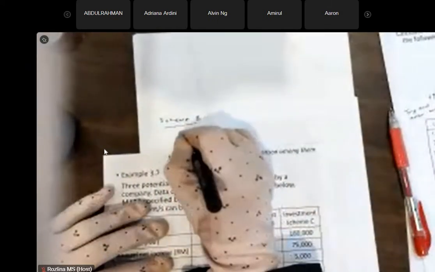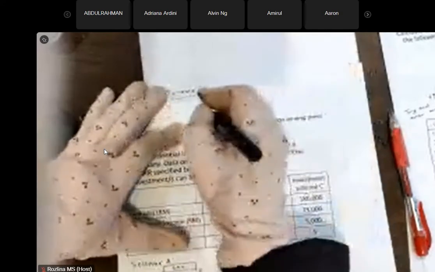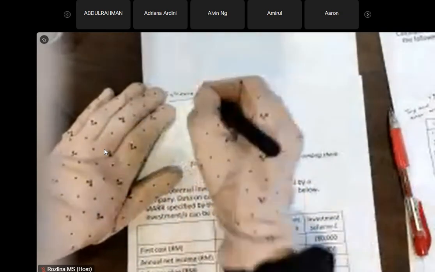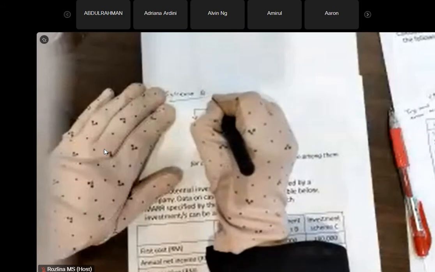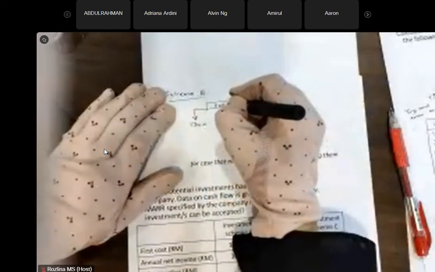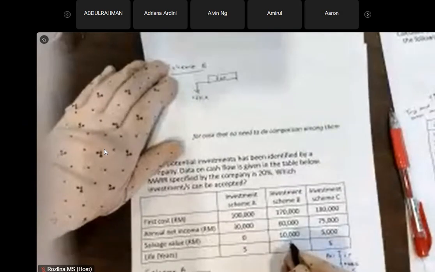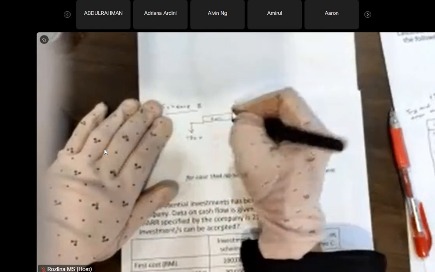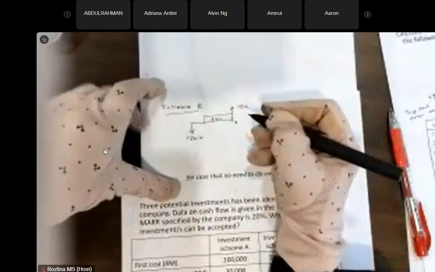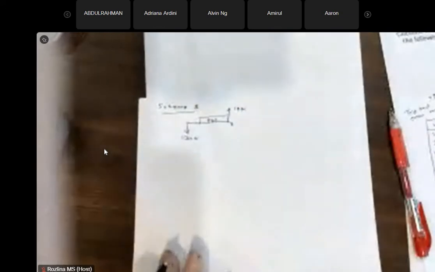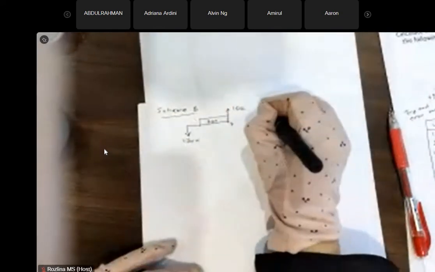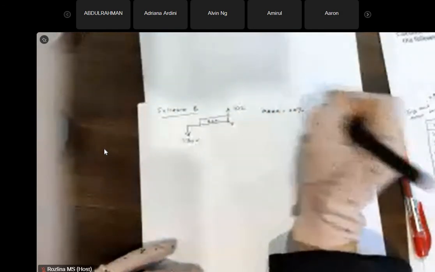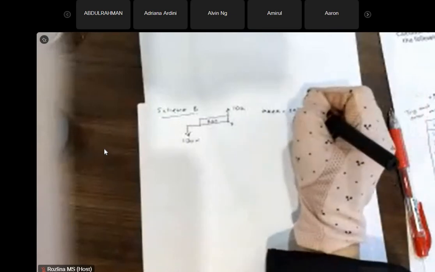First cost is 170k. And it has a salvage value of 10,000. With the MARR from earlier, it is 20%.